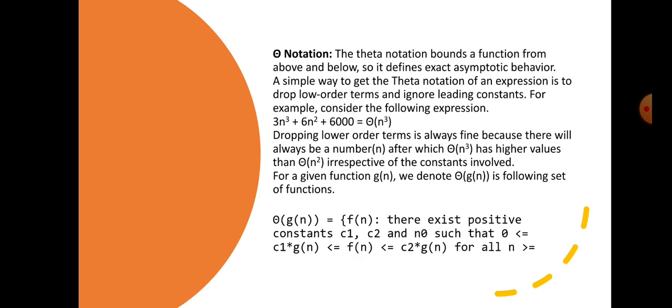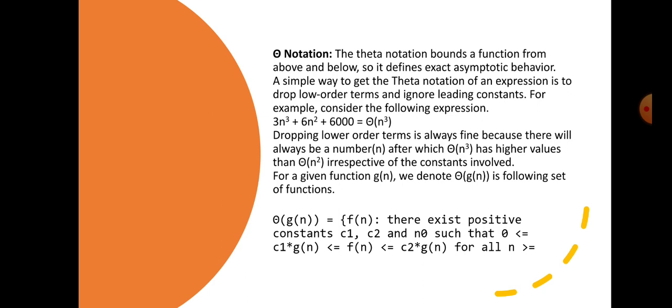Theta notation. The theta notation bounds a function from above and below, so it defines exact asymptotic behavior. A simple way to get the theta notation of an expression is to drop low order terms and ignore leading constants.